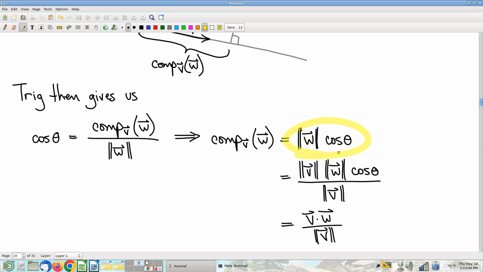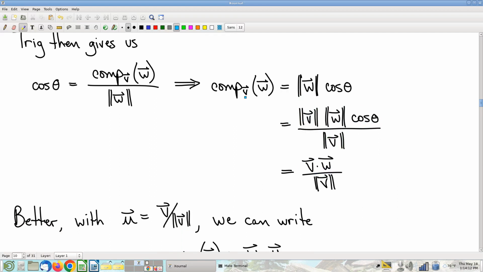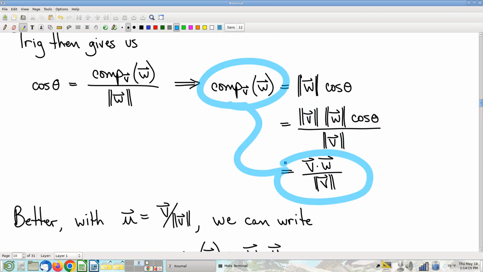So with that in mind, and this is just algebraic trickery, I'm going to multiply and divide by the magnitude of V. Perfectly legal. Didn't do anything. But because of what had been there previously, that makes the numerator turn exactly into the dot product. So, a real slick little move, and thus our formula for how to compute components is right there. Good formula to memorize.